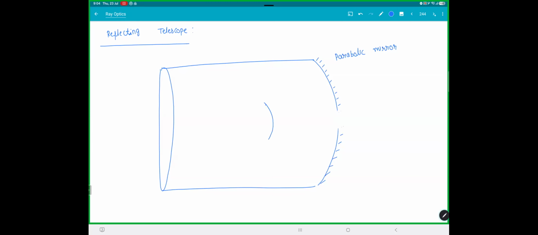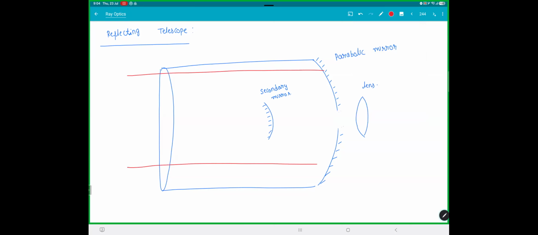We have one spherical mirror, a secondary mirror. And we have a lens here. So this is how it works. The light rays are coming from infinity. They will all try to go and meet at the focus.